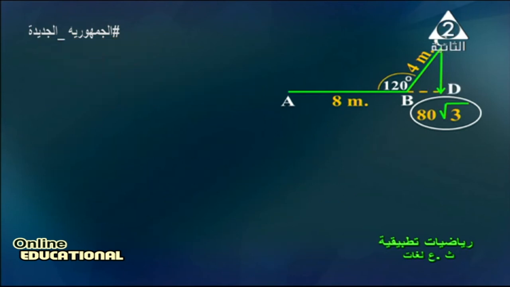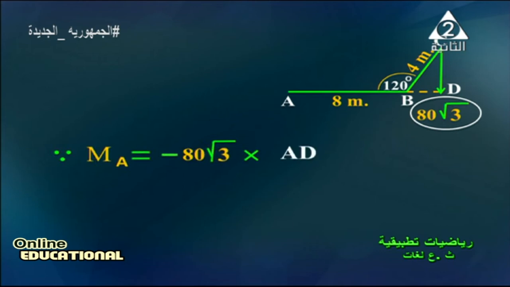Now, we can extend the line segment AB. Draw ray AB perpendicular to CD, which is the line of action of the force. And now, what about the moment about A? Moment about A equals negative 80 root 3 multiplied by the perpendicular distance from A to the line of action of the force, which equals AD.